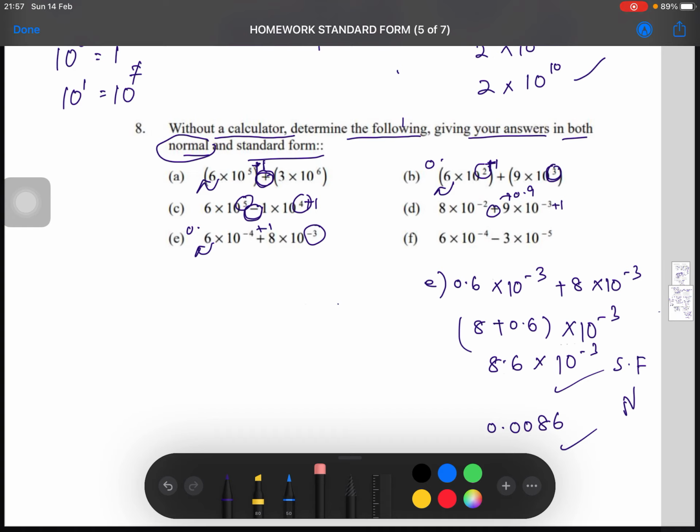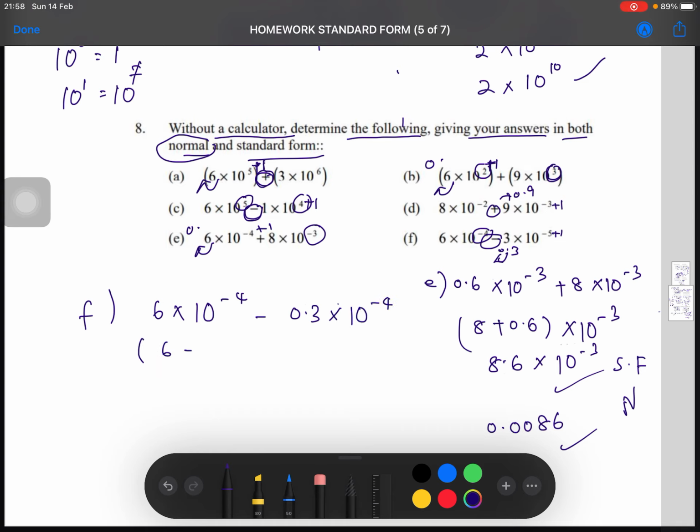Okay, last question. F. Subtraction. I choose negative 4. We must plus 1, right? Becomes negative 4. So here it becomes 0.3. 6 times 10 to the power of negative 4 minus 0.3 times 10 to the power of negative 4.